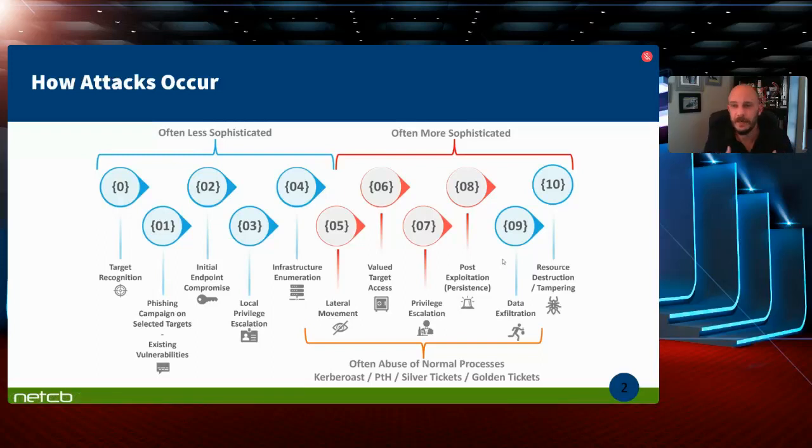Once that's done, typically they will then encrypt it and let you know that they have exclusive access to your information, and then hold you to ransom. The main point to note here is, as I mentioned, the cyclical process of privilege escalation, lateral movement, privilege escalation, lateral movement, etc.